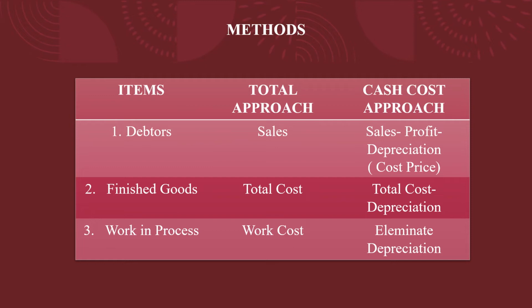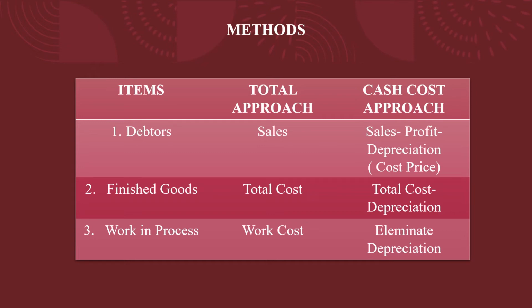If we follow the total approach method, then in the debtors item, we calculate it by the sales amount. But if we follow the cash cost approach, then the debtors will be calculated on the cost price.